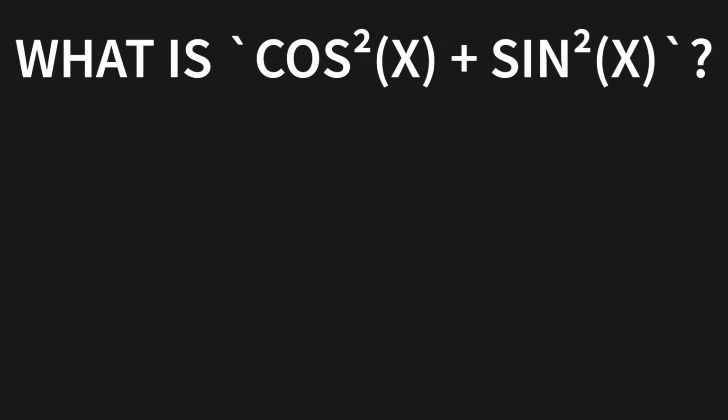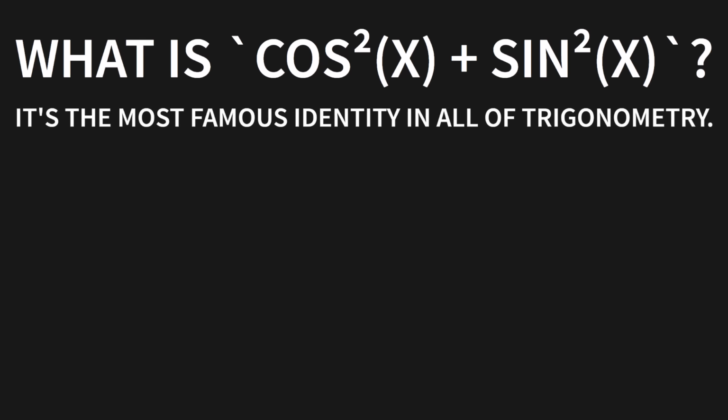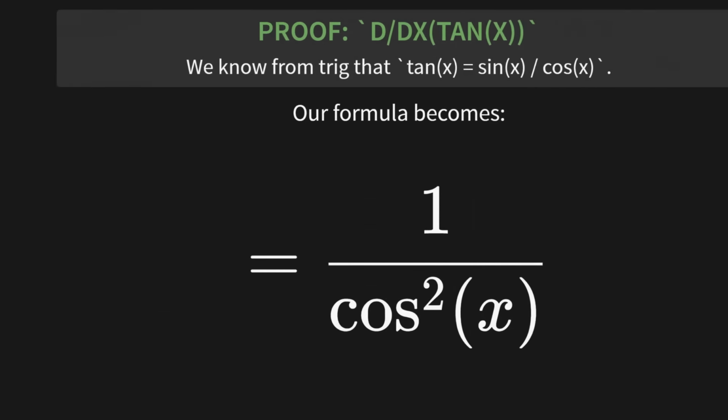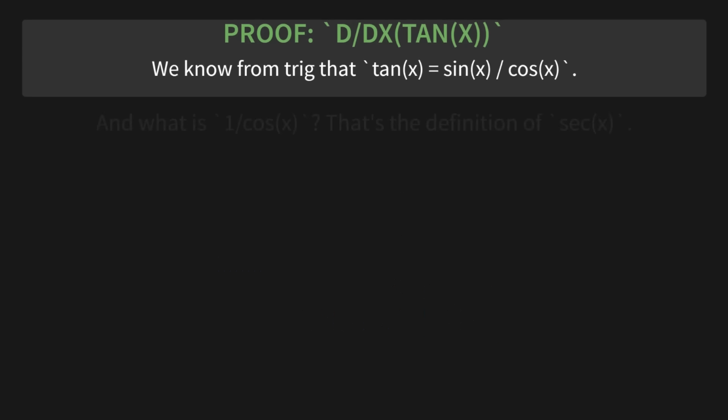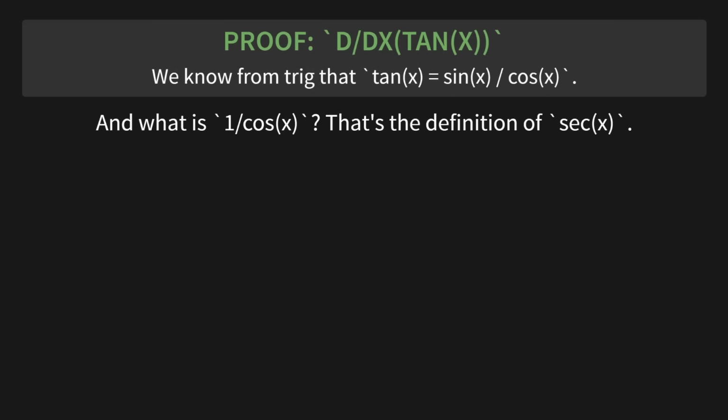Now look at that numerator. What is cosine squared of x plus sine squared of x? It's the most famous identity in all of trigonometry. It's 1. Our entire formula just became 1 over cosine squared of x. This is amazing. And what is 1 over cosine of x? That's the definition of secant of x.